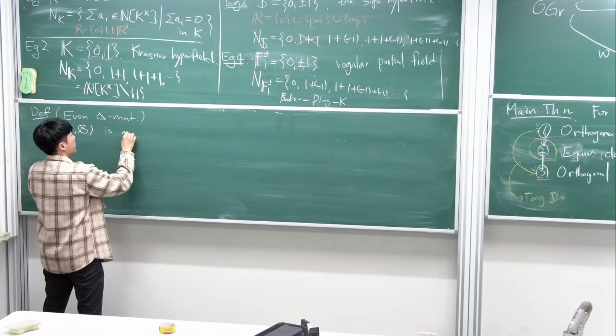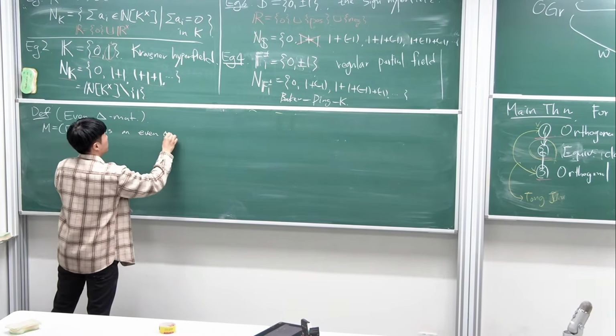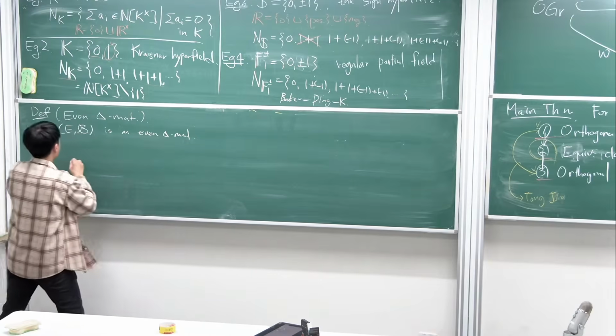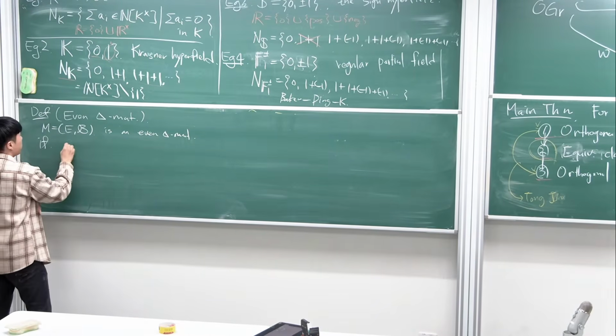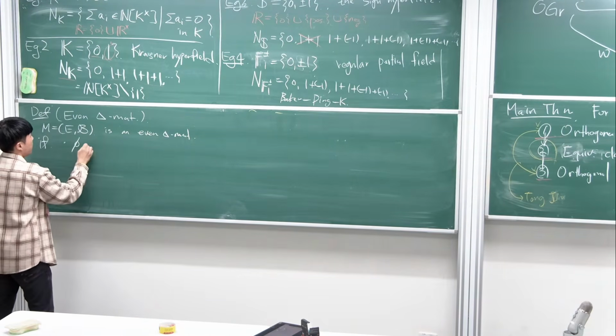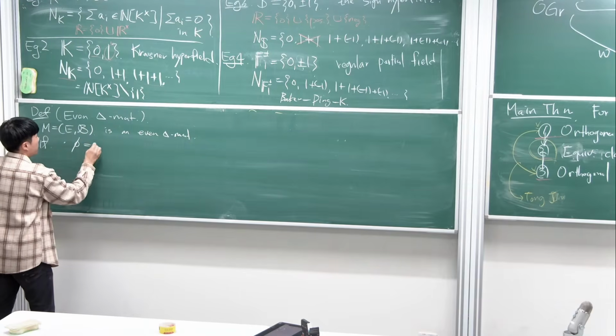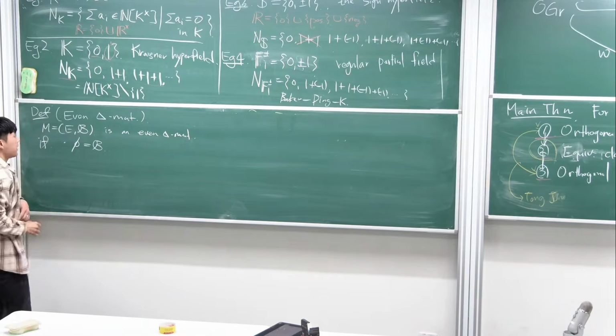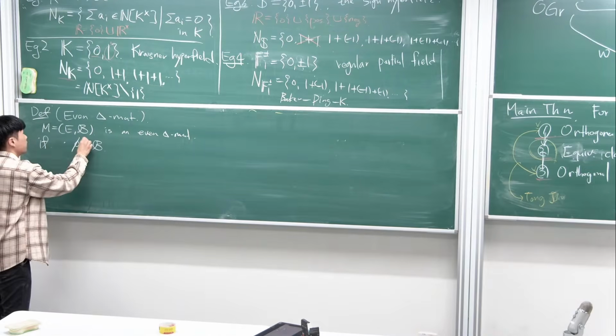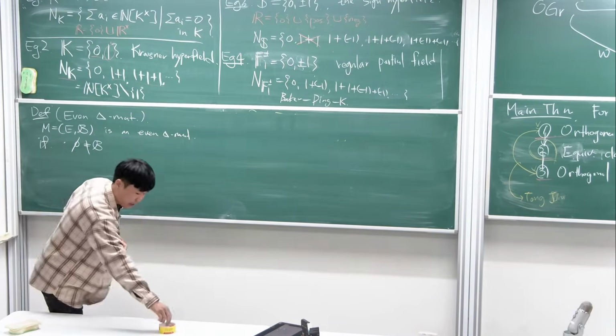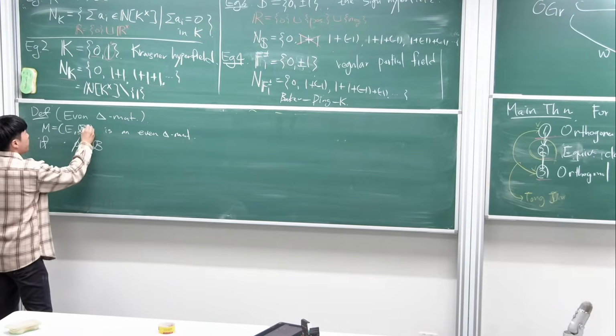The pair is an even delta matroid if, first, the collection of the set system is non-empty, and the elements in it are called the bases.